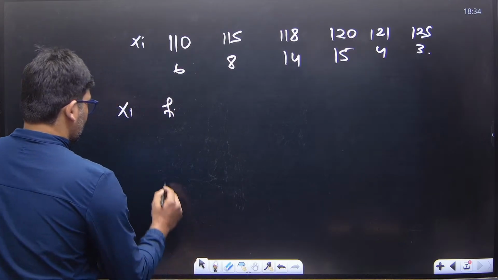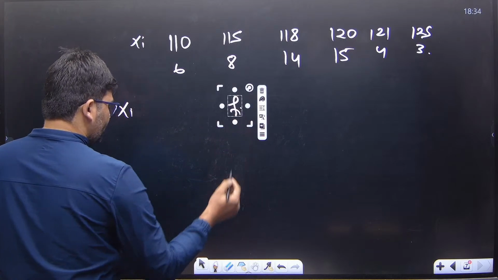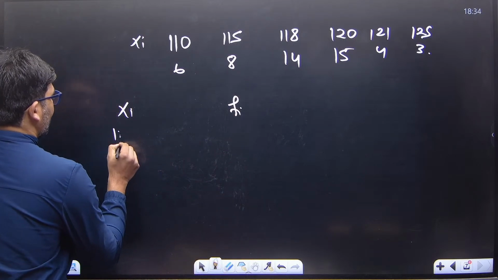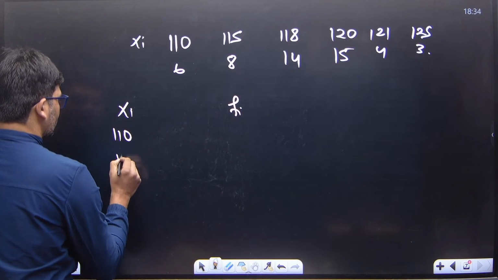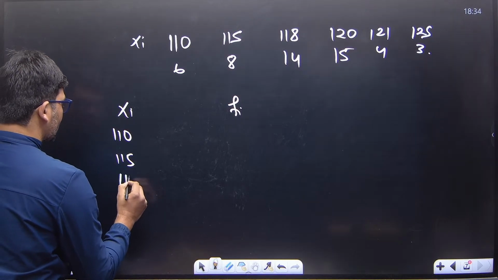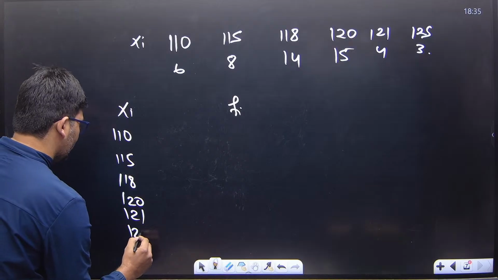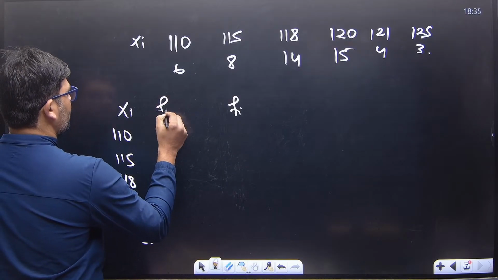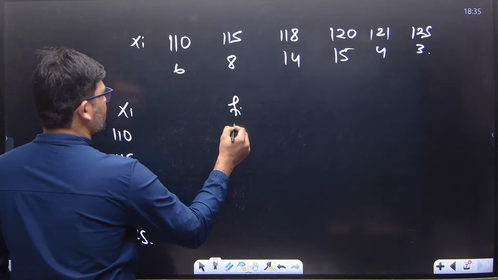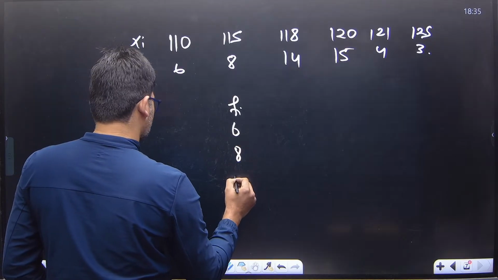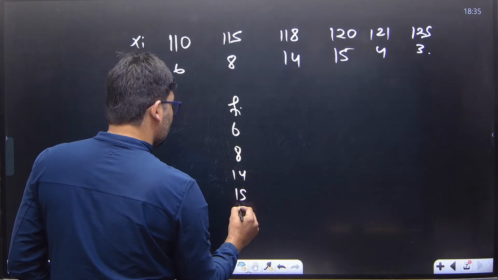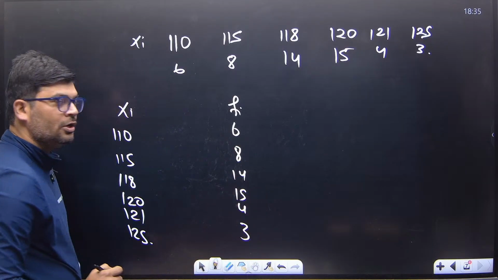Okay. So now I want to tell you one beautiful thing. If you do fi xi now, see this: 115, 118, 120, 121, 125. So fi I'm writing here: 6, 8, 14, 15, 4, 3. What do you think?